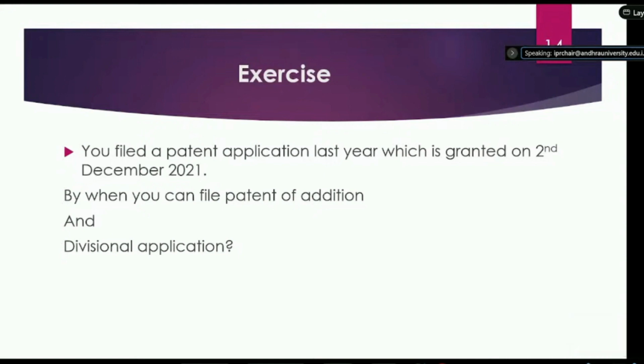However, I have not mentioned when it was filed. So it is not clear in this question how long the patent will be in force. So till that time, you have time to file your patent of addition. However, you don't have time to file your divisional application because your patent is already granted on 2nd December 2021.